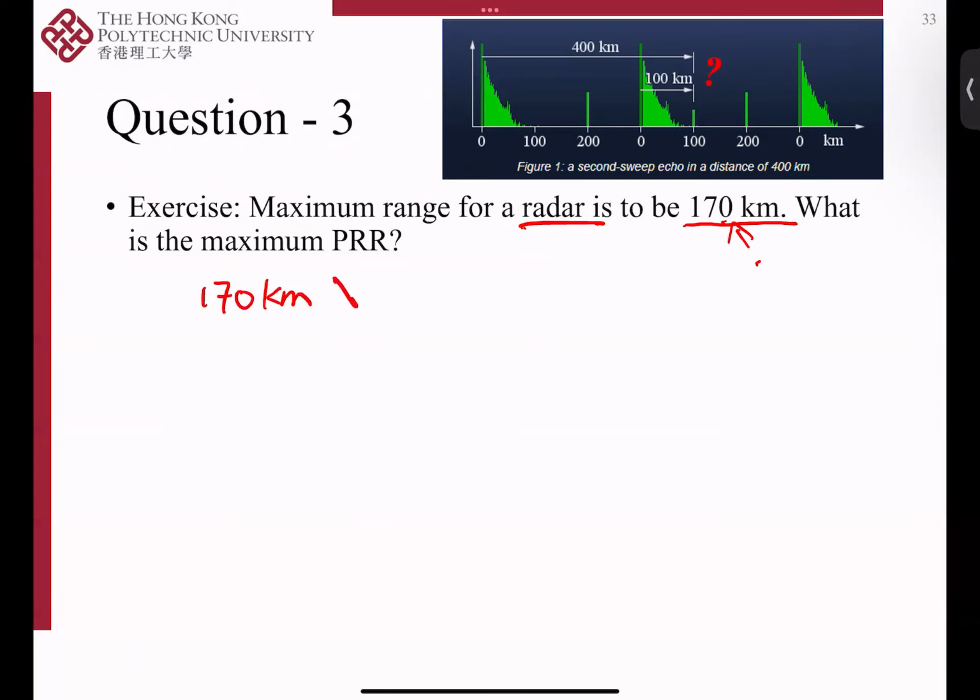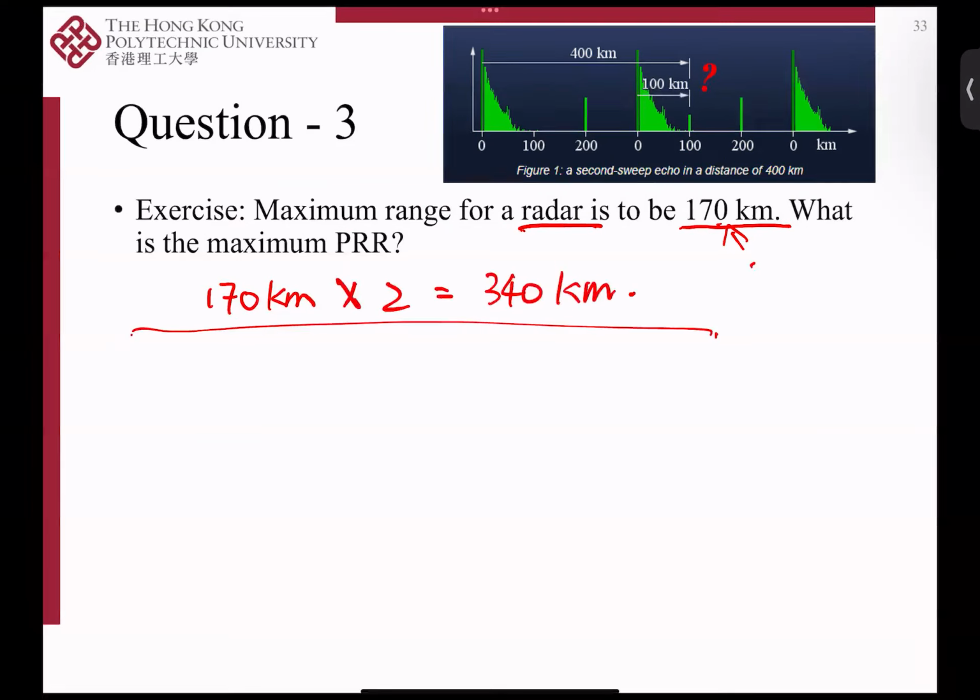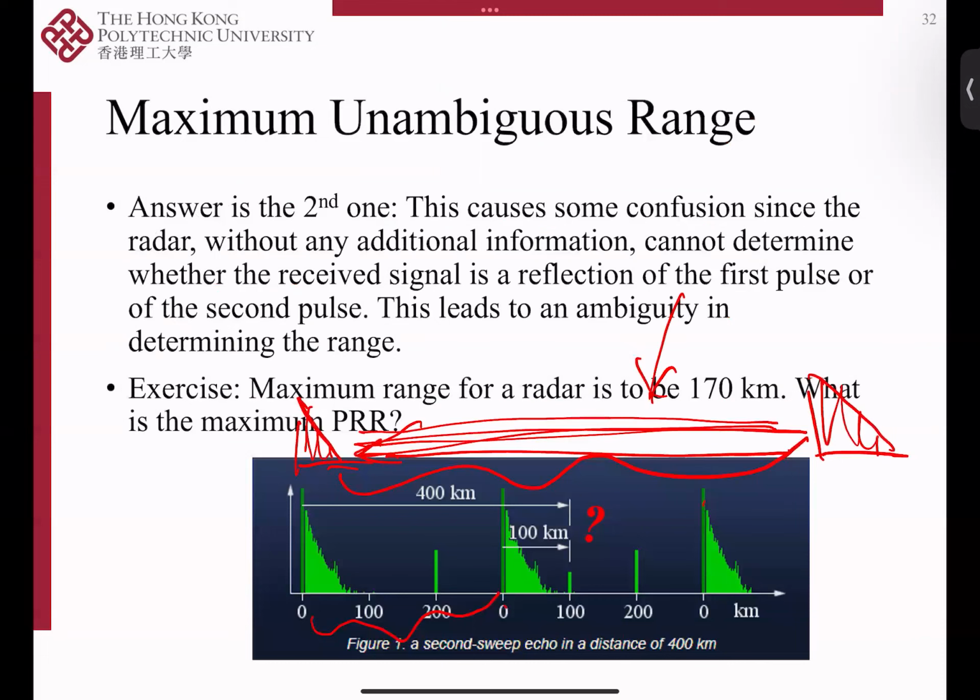We need to multiply by 2 because the signal goes out and comes back to our station. This total traveling length needs to fit within one gap of 2 pulses.